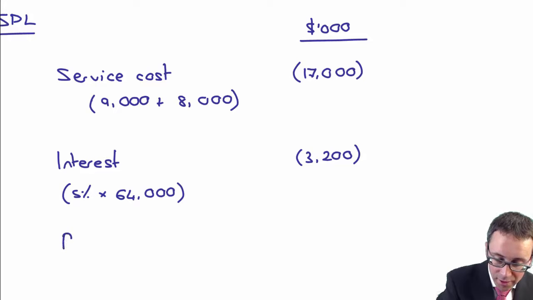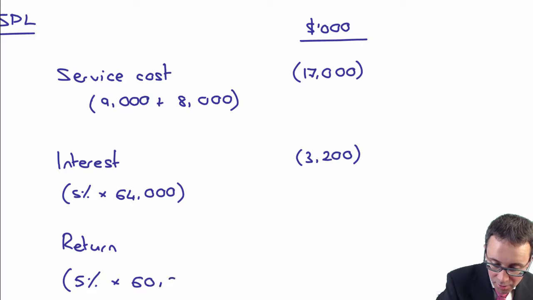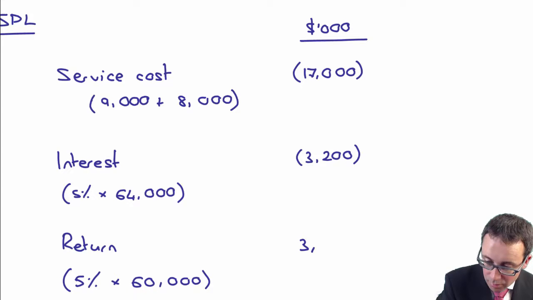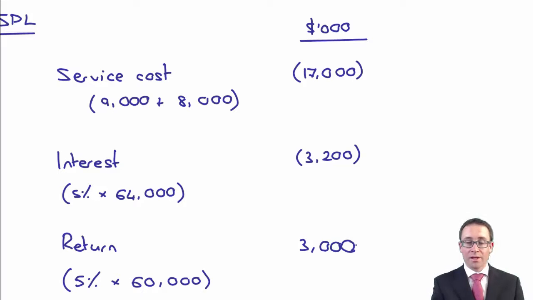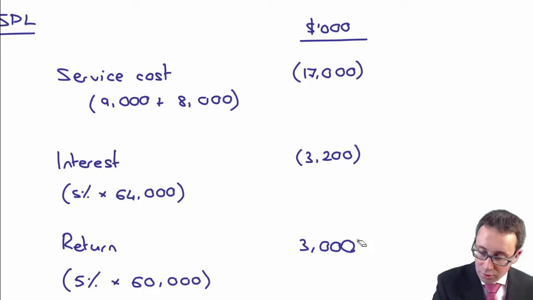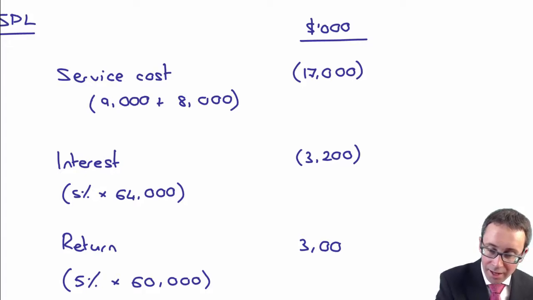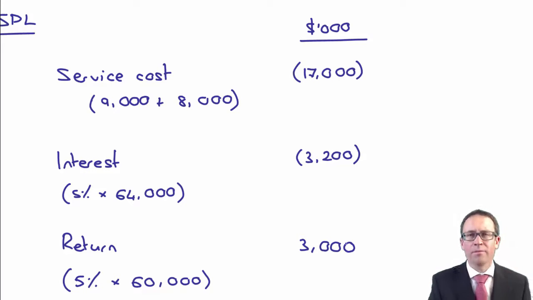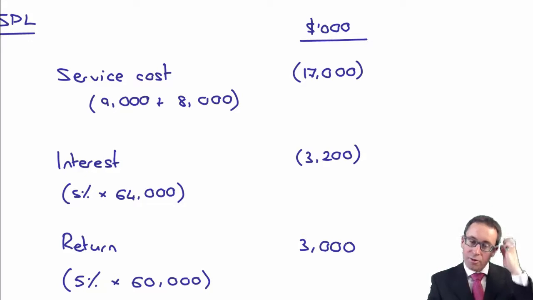And then you have your return on the assets, which is 5% of 60 million, which is 3 million, isn't it? I'll just make it a better 0 on that last one. There we go, perfect. Everybody happy with those?